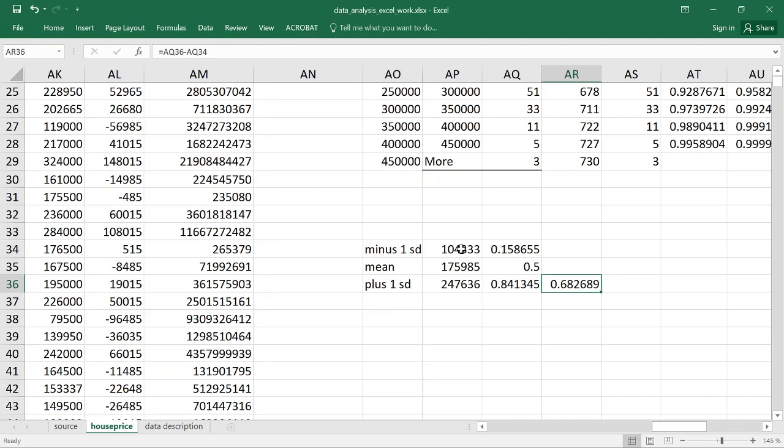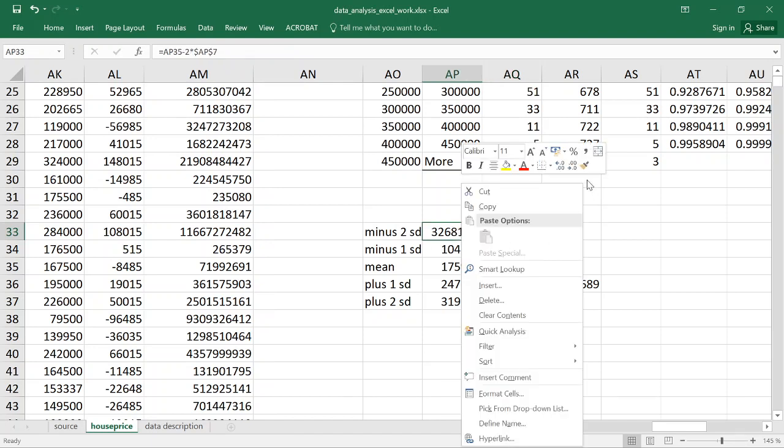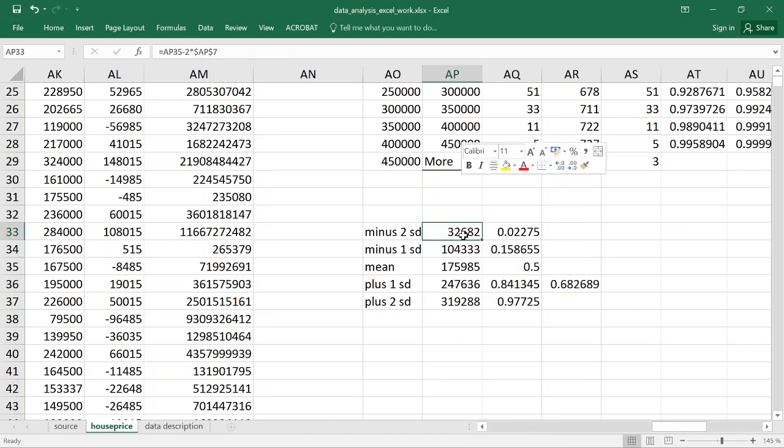And if we take that one step further and do the same for the second rule of thumb, which says take the mean and subtract two standard deviations, and take the mean and add two standard deviations, and again compute the probabilities based on a normal distribution, we see there's a probability of about 2.2 something to observe prices below 32 something, but that lower bound is characterized by the mean minus two standard deviations.